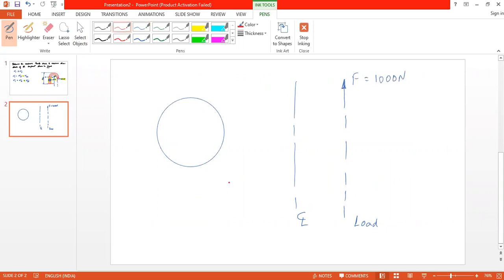Now if I mark the radius, here is Ri, and this is R naught. The centroidal line will be passing through the center of the circular cross section.